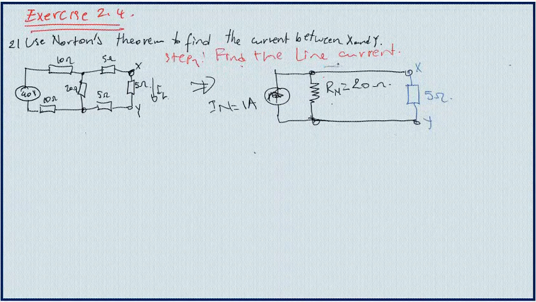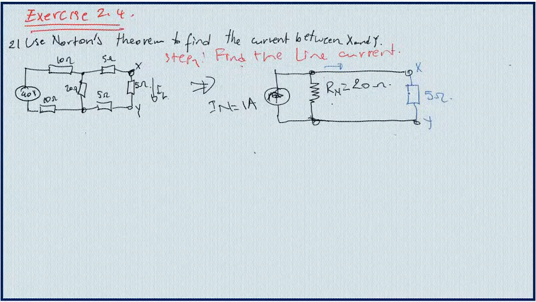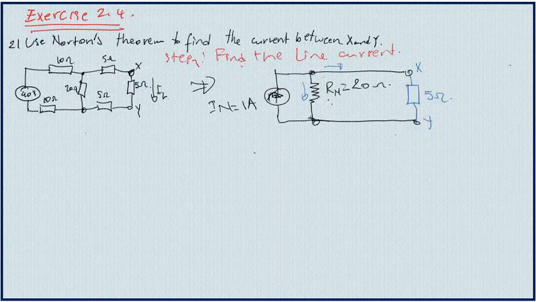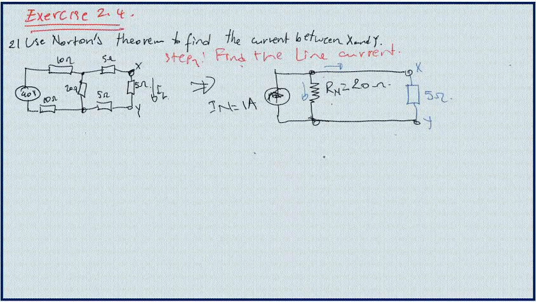One portion of current flows in this resistance, and another portion flows in this resistance. We need to find the current in X and Y, so we need to consider this current here.